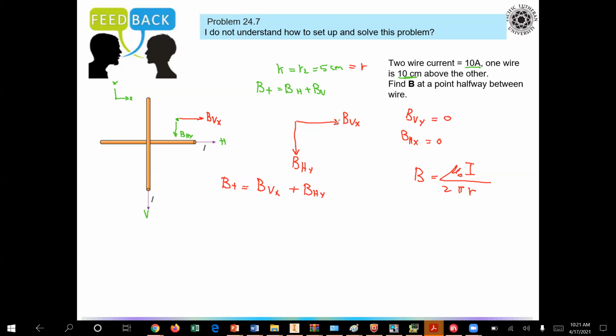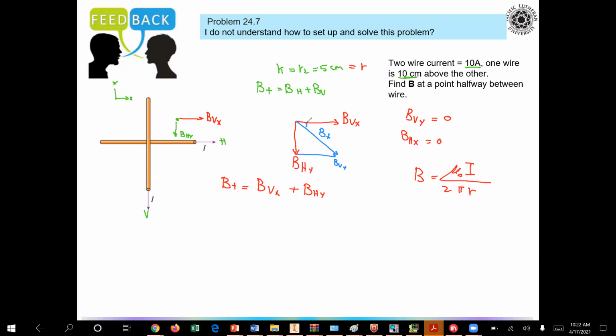For the addition of those vectors, you remember, guys, the head and tail rule. So I can draw my B vector X in that direction. Here is the B total I'm talking about. This is my B total in that case.